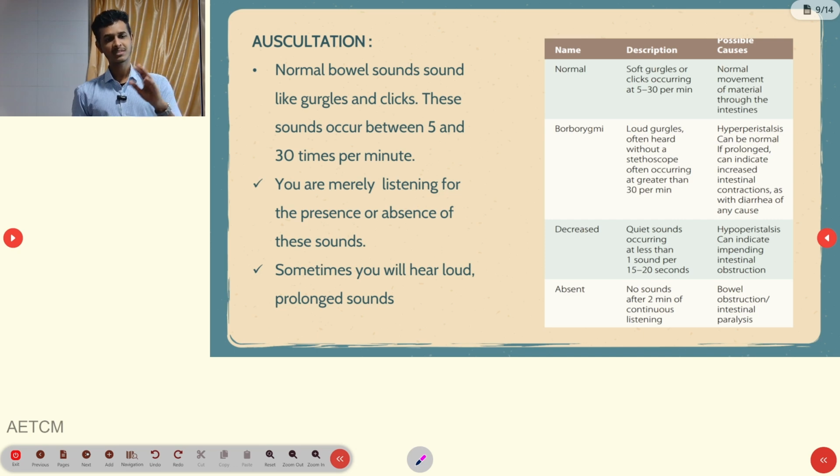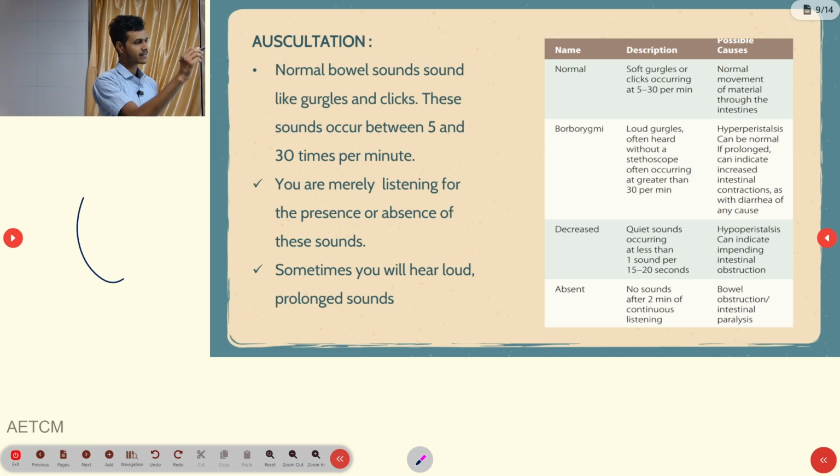Absent sounds can occur because of bowel obstruction or intestinal paralysis. Here there won't be any sound for 2 minutes. You have to auscultate continuously for 2 minutes. If you are not hearing any bowel sound, that is called absent bowel sounds.